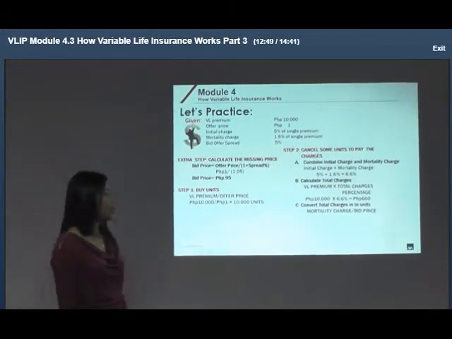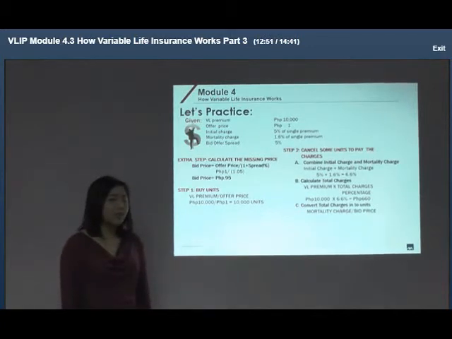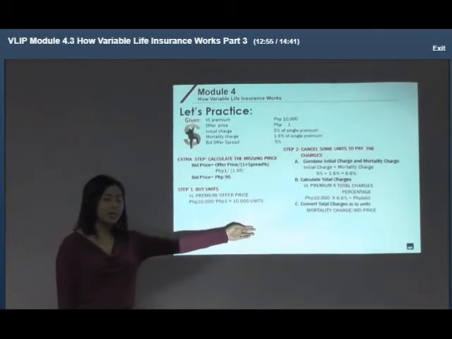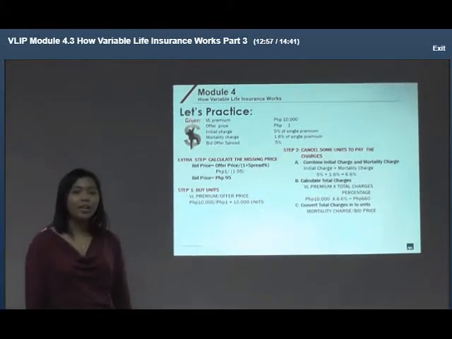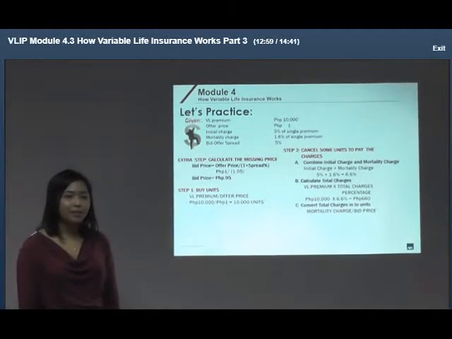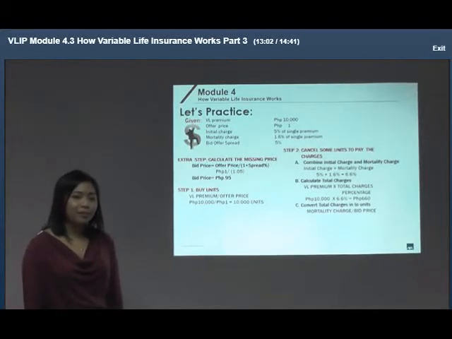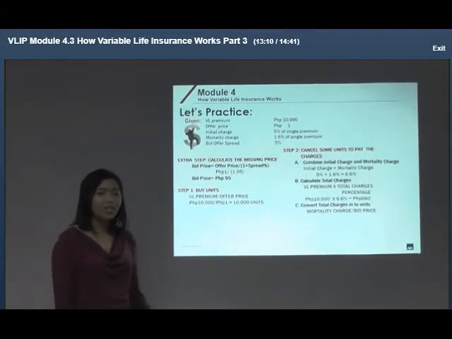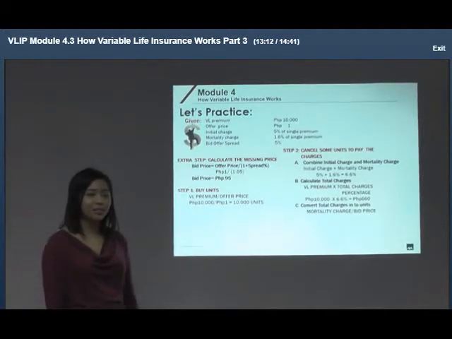To convert this charge into units, we will use this formula. Mortality charge over bid price. Notice that we use bid price to convert for the units of the charges. Why? We discussed earlier that charges are transactions that incur units to go out of the variable life fund.